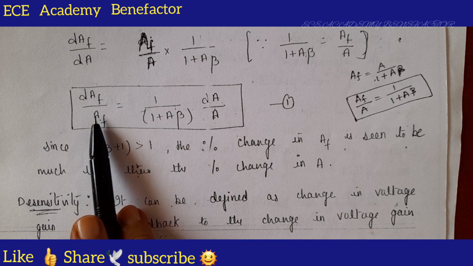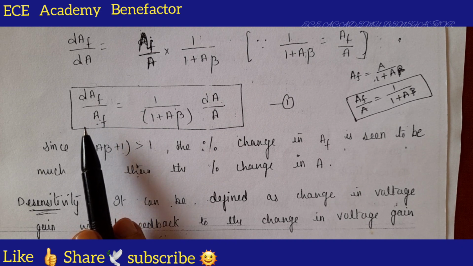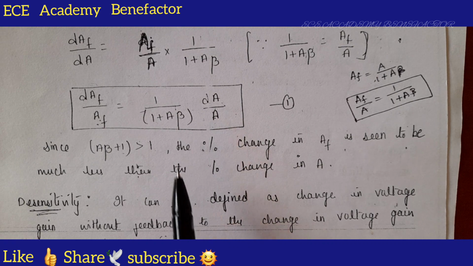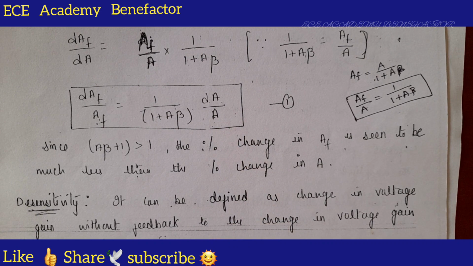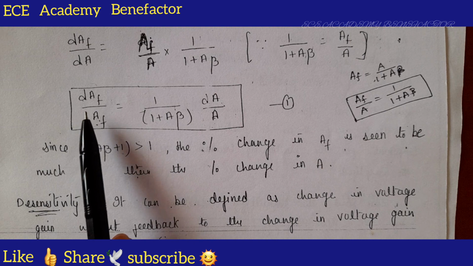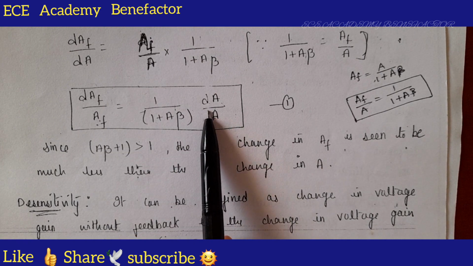So these are the two ways to understand how we can stabilize the gain. So the advantage of negative feedback is stability of gain. Fractional change in gain with feedback is very less compared to fractional change in gain without feedback.